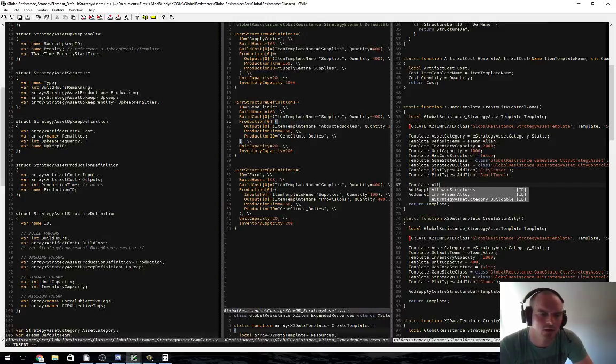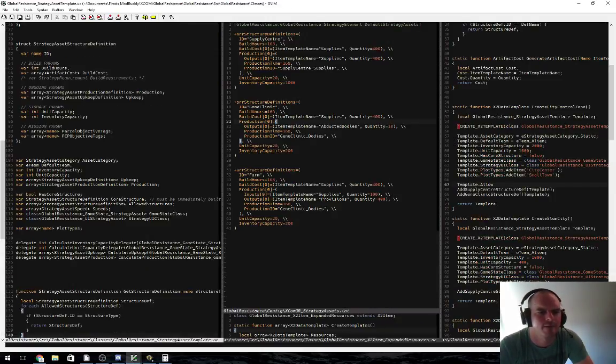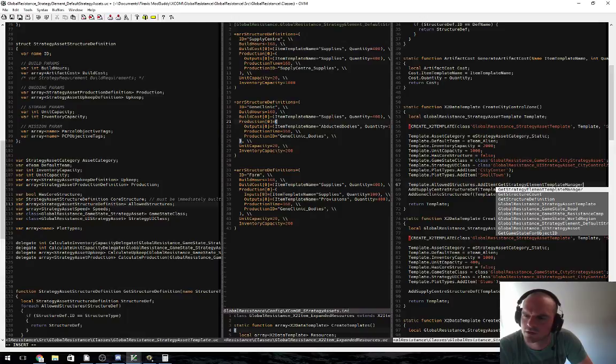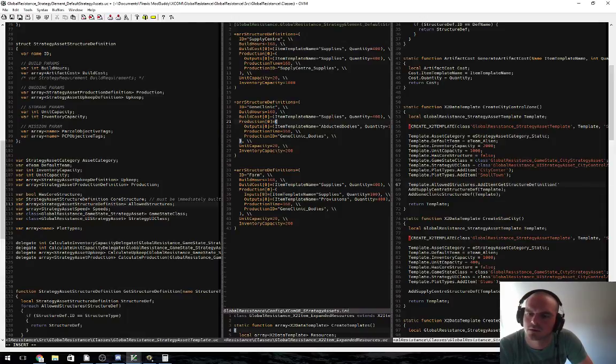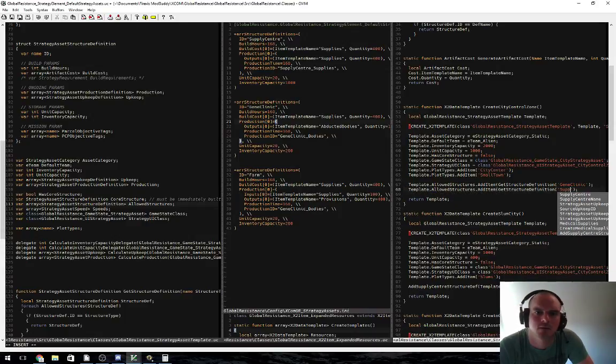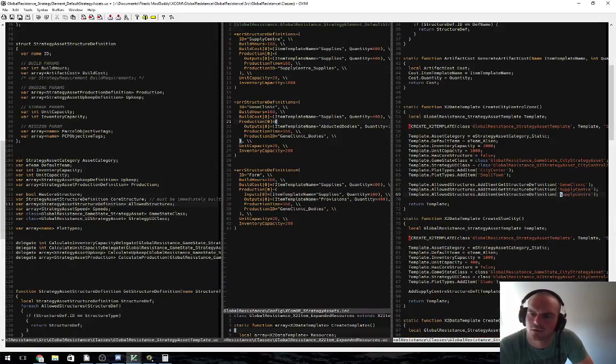So template.allowed structures dot add item, get structure definition for gene clinic, supply center, and we'll add one for farm.